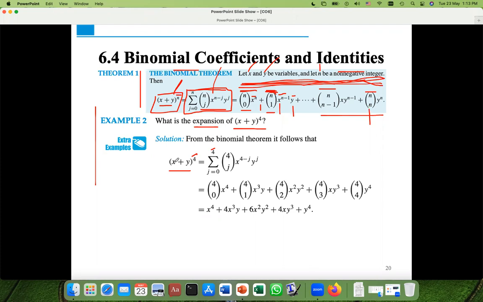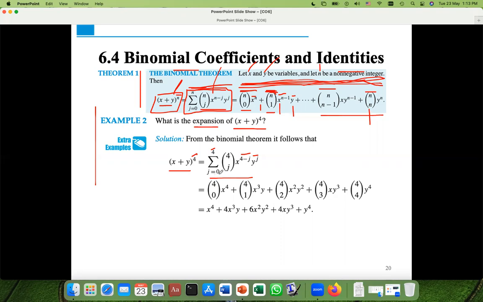And then x raised power n minus j, n is 4, so 4 minus j. And y raised power j. So this is what you get by using this concept of binomial theorem. But it is not full expansion yet.